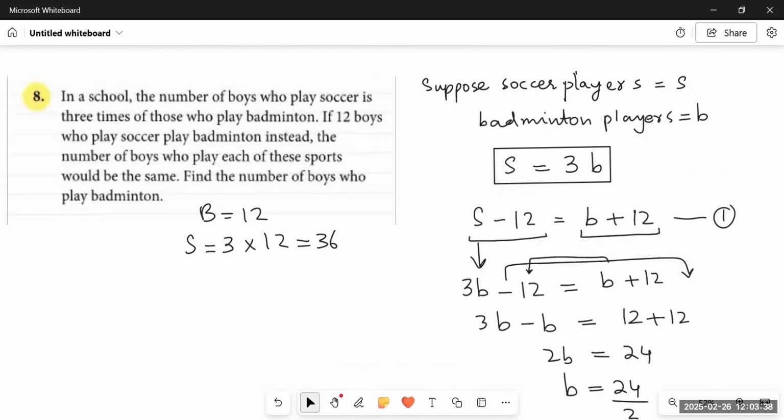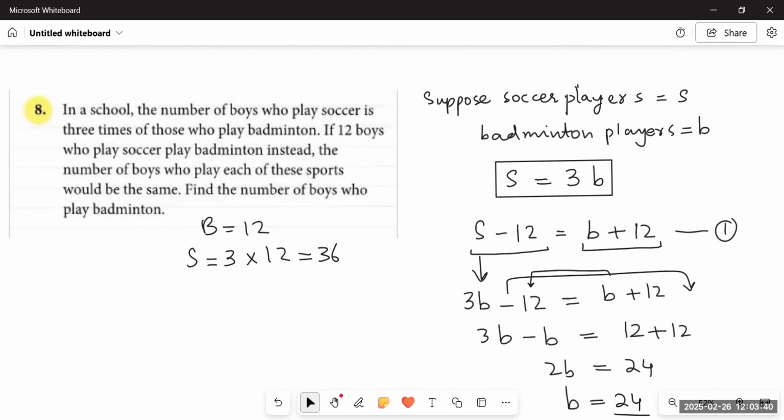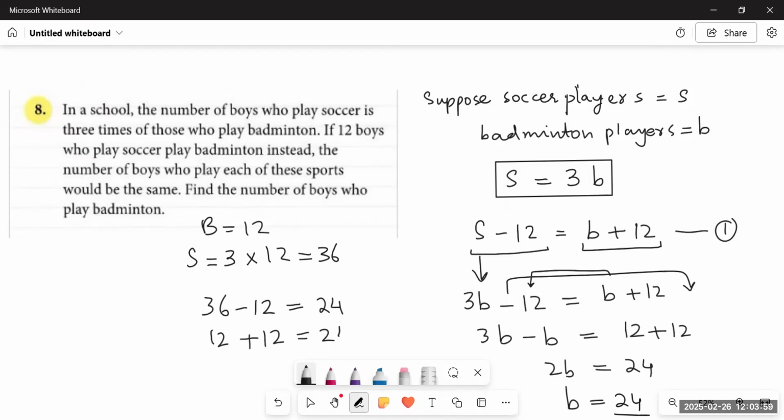And after that, when we remove 12 players from the soccer team, we will have 24 players in the soccer team, and we had 12 players earlier. When these 12 players from the soccer team are added to the badminton team, they will also turn 24.